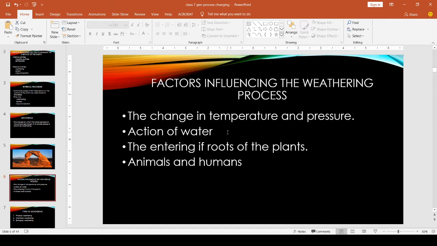Okay. Then next one, the entering of roots of the plants. Sometimes some seeds get deposited in small holes in the rocks. It is because of humans or animals or wind. Because of wind, the seed moves from one place to another, right? And because of humans, when humans eat that fruit and keep that seed in the earth of that rock part, it will cause trees to grow.